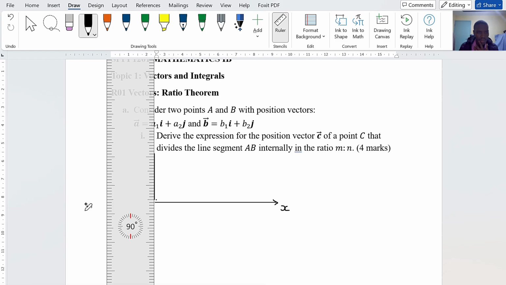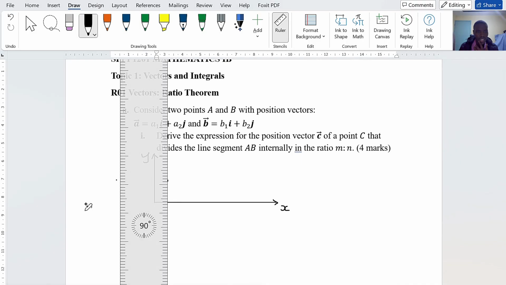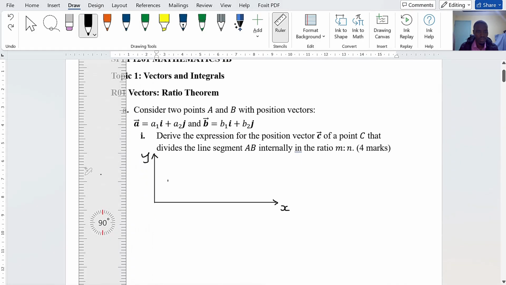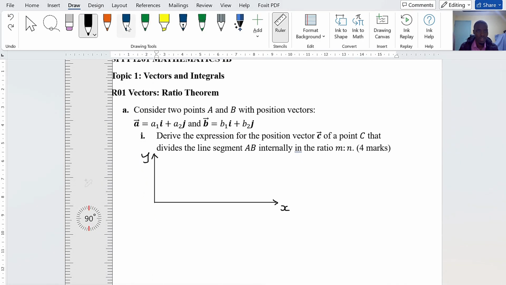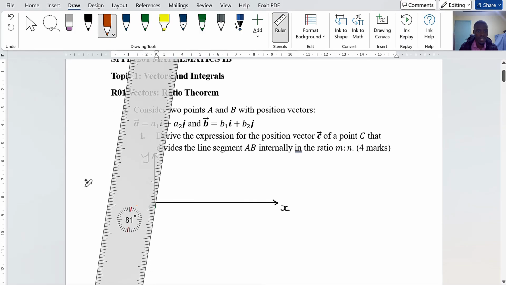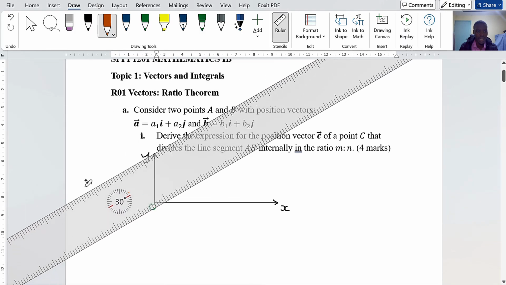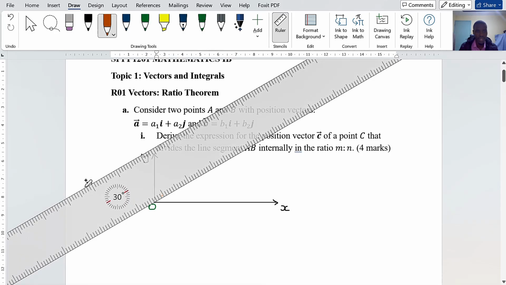We have our y-axis, and then, of course, we have this as 0. Now we can have our segment, maybe we can put a 30 degrees incline line. Maybe this will be fine. Let me start it from here.